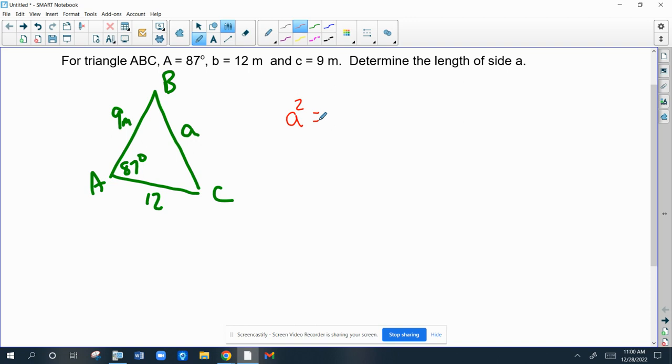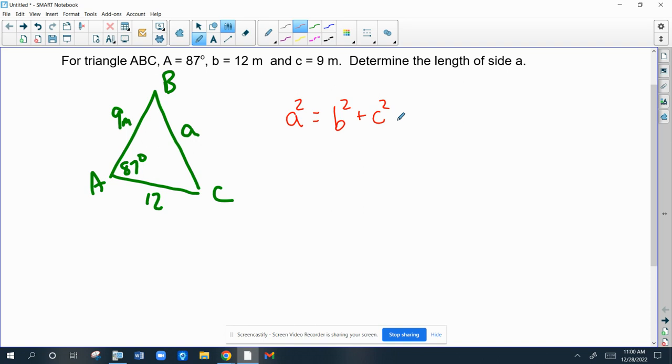So this is actually very similar to Pythagorean theorem. One side squared equals the sum of the squares of the other sides. So I'm just going to say b squared plus c squared. In that way, it's very much like Pythagorean theorem, but then there's a little additional to it.